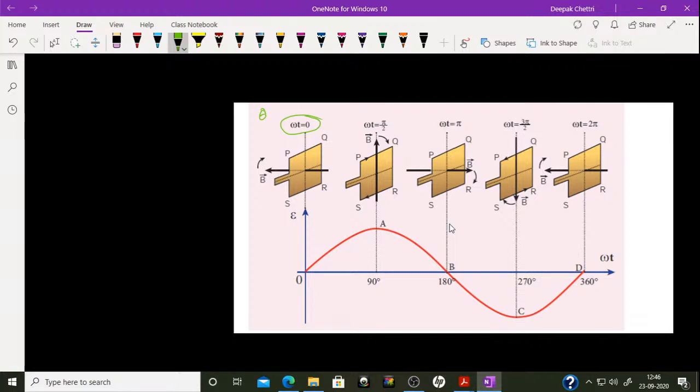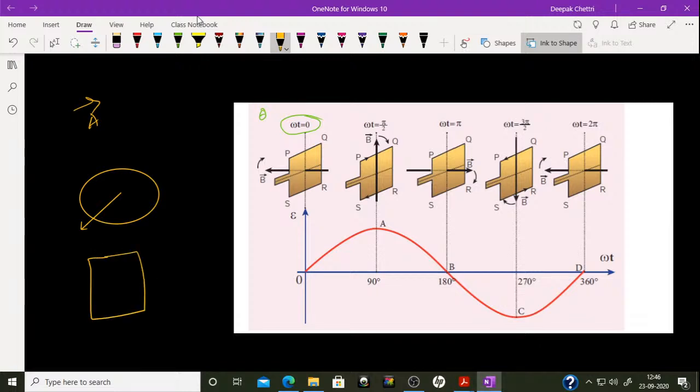Okay, I'll just explain this once again. If I have an area, then the direction of area is perpendicular, that means this one, coming out perpendicular. You have to imagine this.